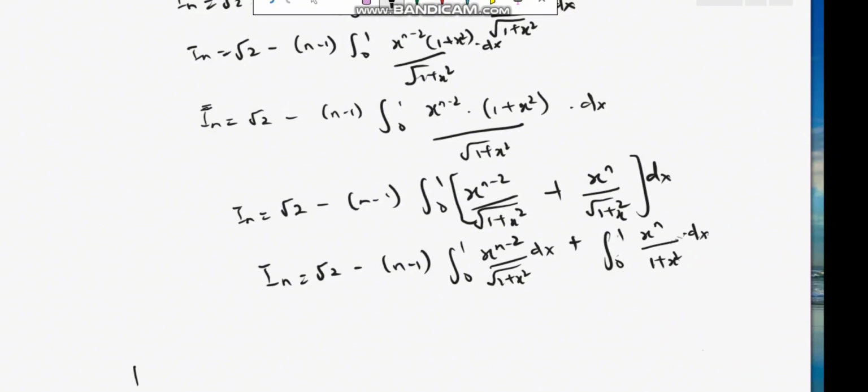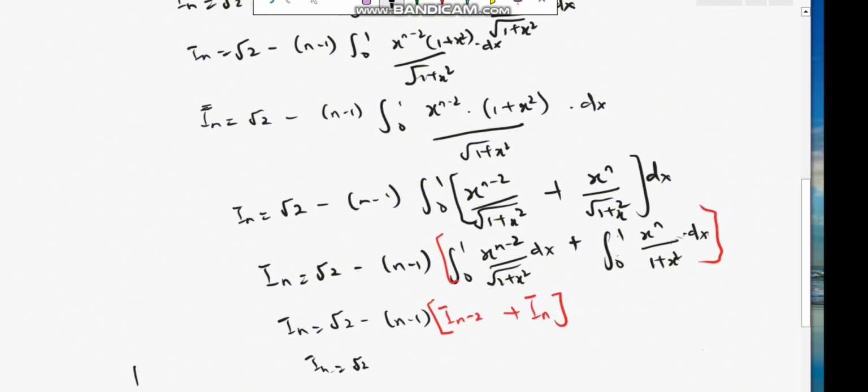If you look at the first part of the integral, it is actually our I_(n minus 2) plus I_n. So this could be solved further, with I_n being root 2 minus (n minus 1) I_(n minus 2) minus (n minus 1) I_n.